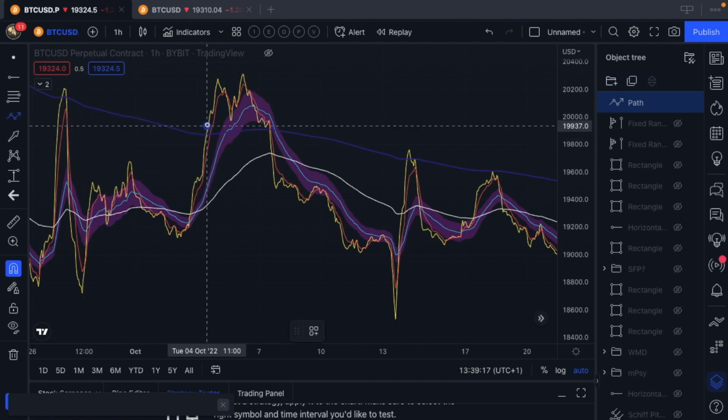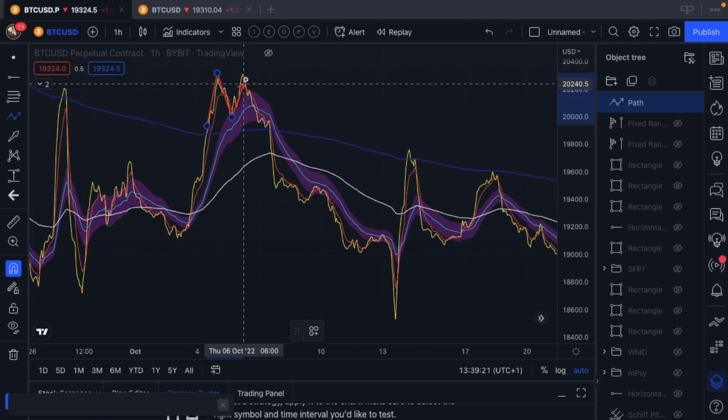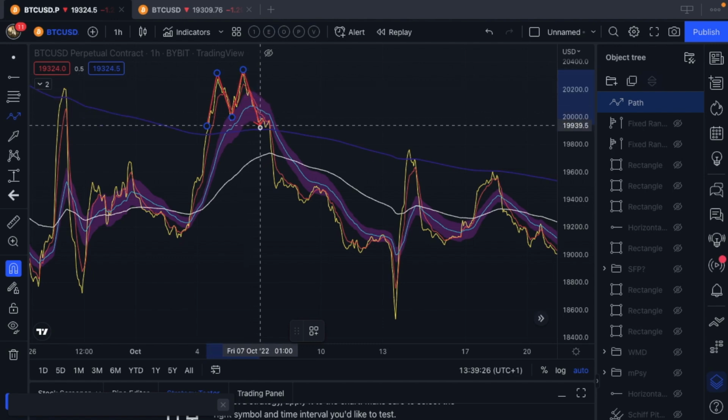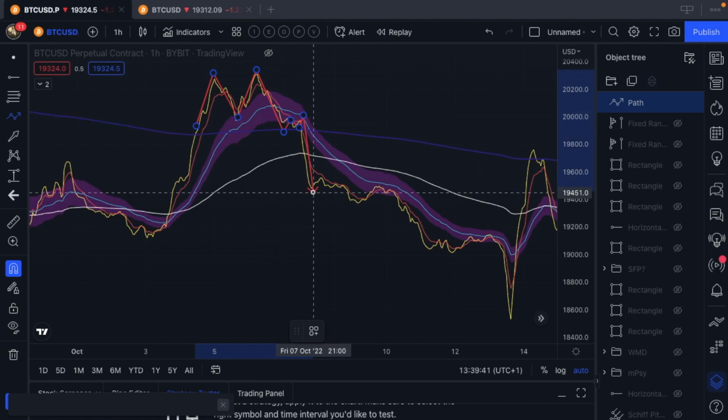So let's say we put in here our peak formation, and then we break the 50 EMA and we start consolidating here. And what we're looking for then is a test of this 50 EMA to then come back down and form our level 2.